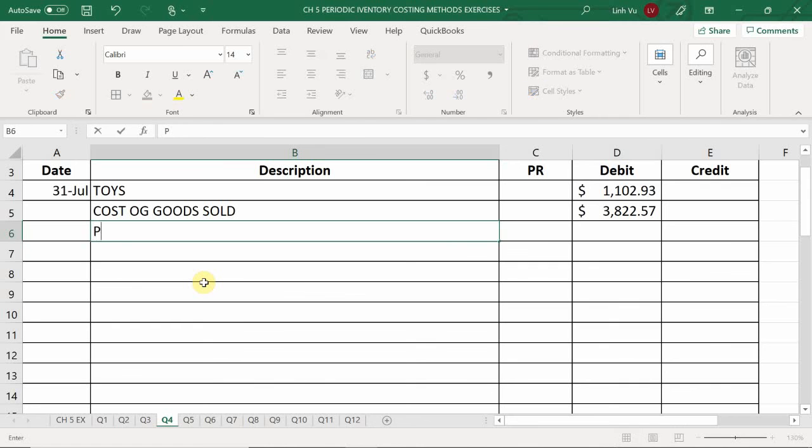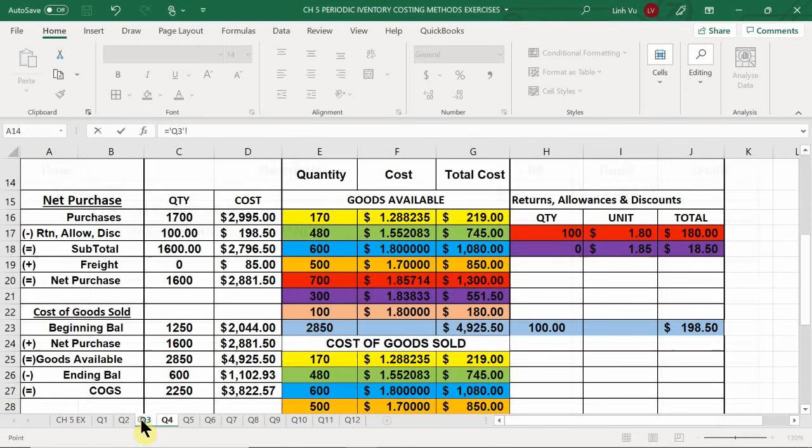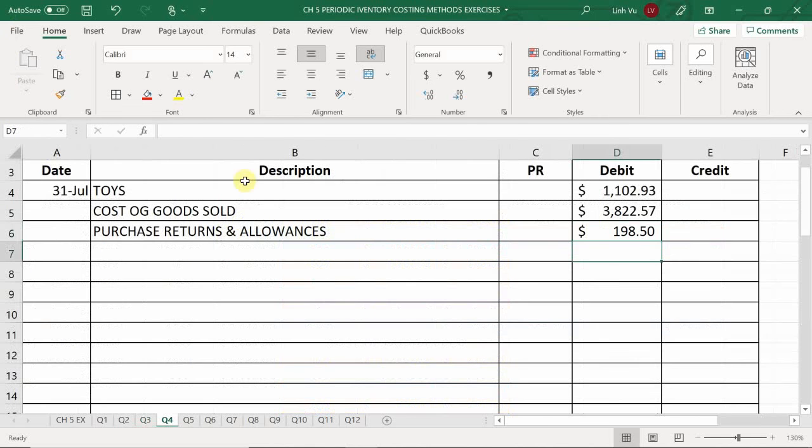Purchase returns and allowances. Good. Which got me a grand total of, what's my total cost of my purchase returns and allowances? 198.50. Okay. What's next?